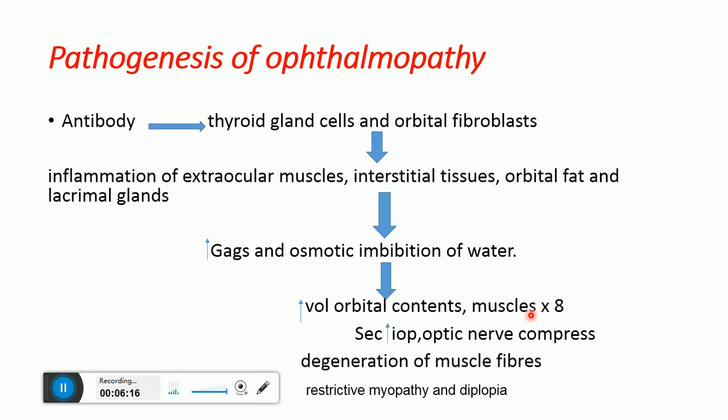There may be a secondary elevation of intraocular pressure, and the optic nerve may be compressed. Subsequent degeneration of muscle fibers can occur, and it can lead eventually to fibrosis, and that fibrosis exerts a tethering effect on the involved muscle, and it can result in restrictive myopathy and diplopia.